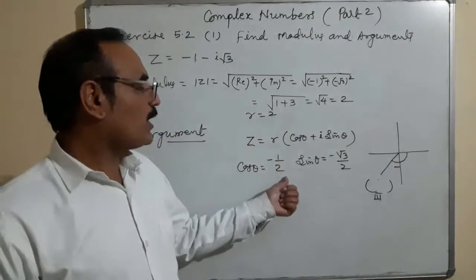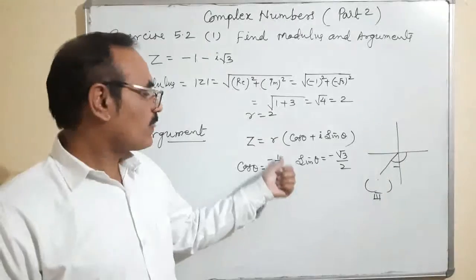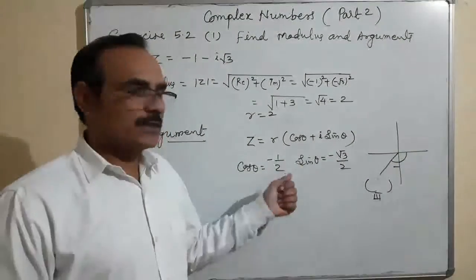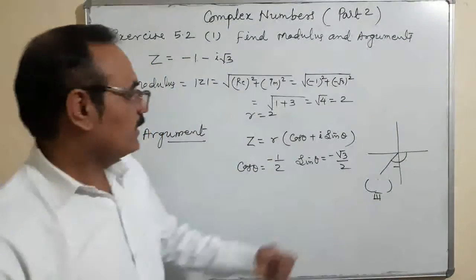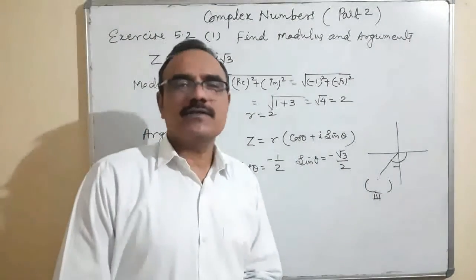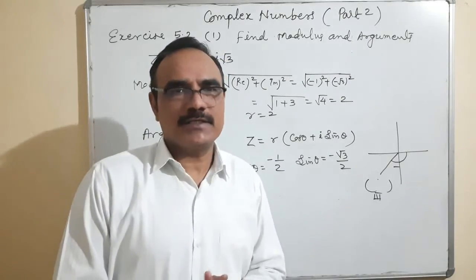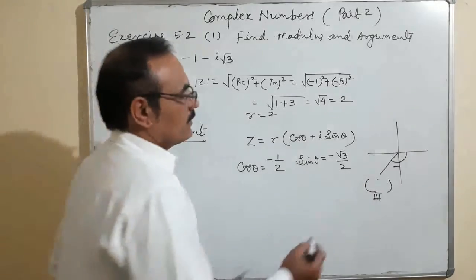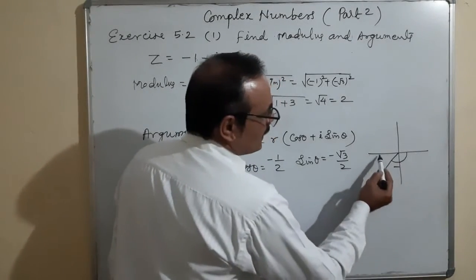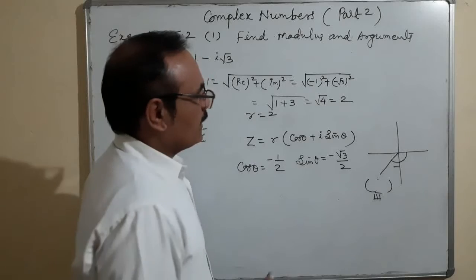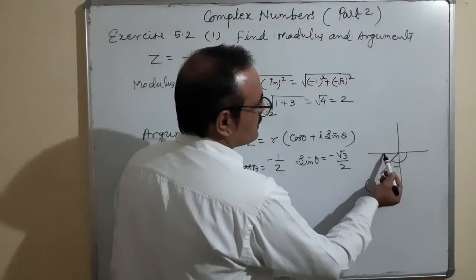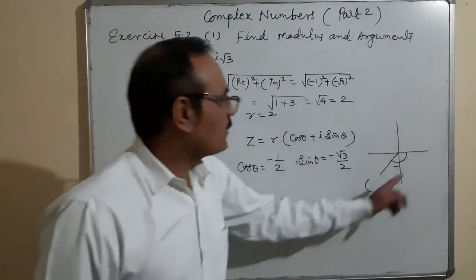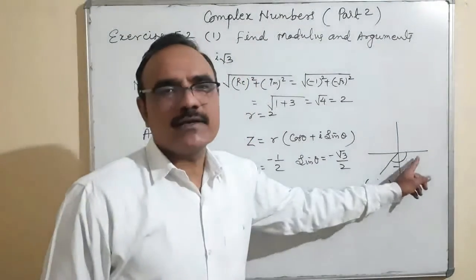So the value of 1 upon 2 in cos is cos 60, pi by 3, okay? And here the value is sin 60, sin pi by 3. So pi by 3 is coming. What does it mean? This is minus pi, and from minus pi, when we subtract 60, what is coming here? This is minus 120. So this measurement is minus 120 degree.